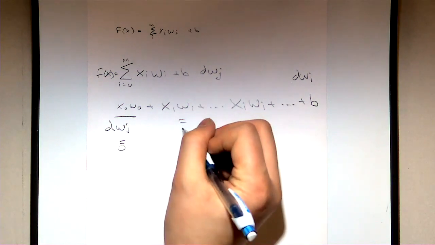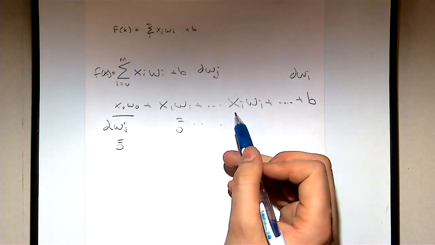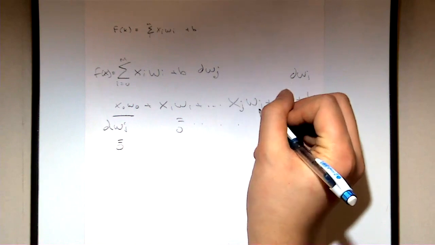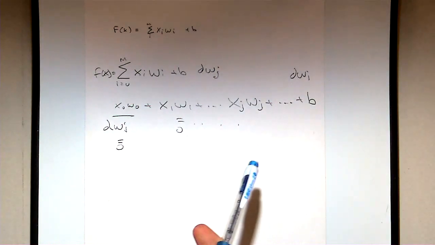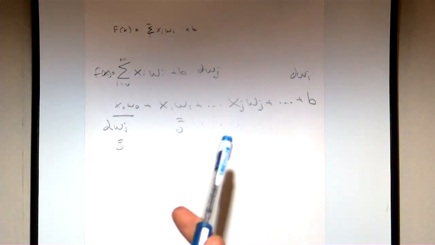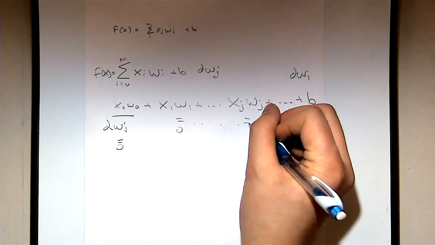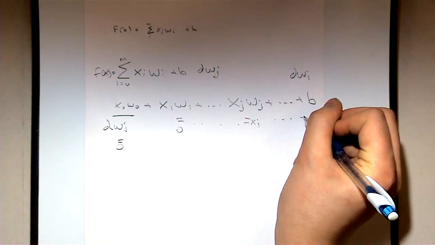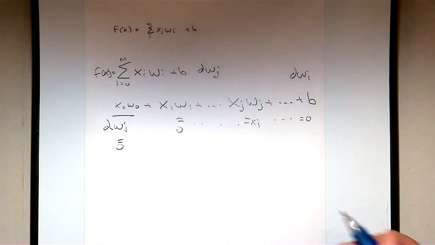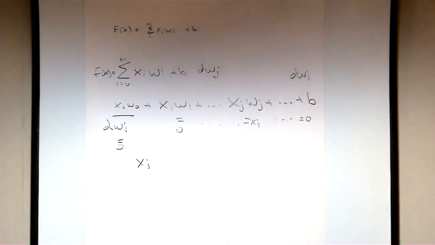So we get 0 for all of these, but then once we hit xj wj, what do we get? xj, exactly. And then we get 0 again. So when we sum all these together, we just get xj. There you go. I hope I've convinced you of that point.